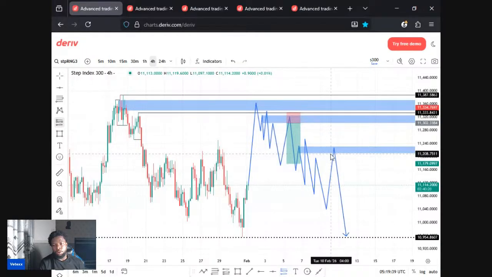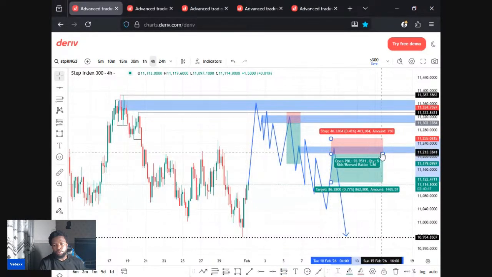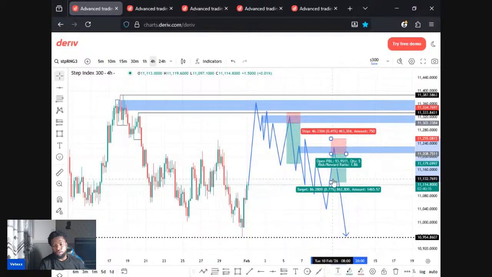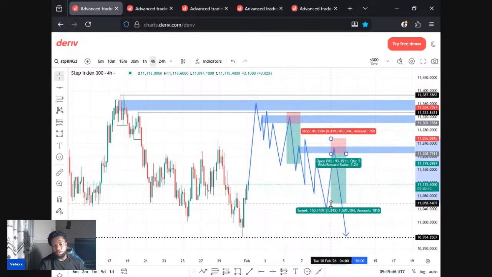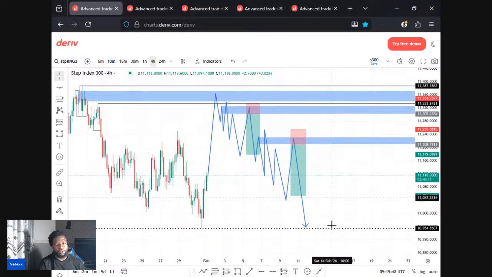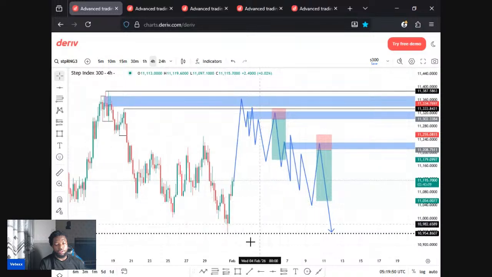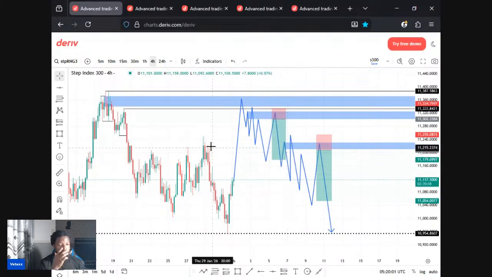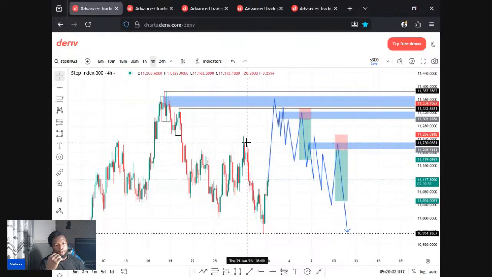You just have to have a better understanding of it. Then you repeat the same thing every single time. So this is what we are going to be anticipating until this target is taken out. So let's wait if it's actually going to respect this 1 hour structure. If it doesn't, then we'll be waiting for this 4 hour point of interest.